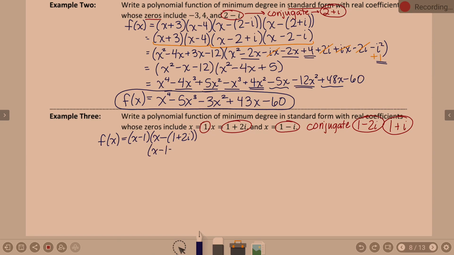If you distribute that, it's x minus 1 minus 2i. Okay. Let's do the conjugate. x minus, in parentheses, the conjugate 1 minus 2i, or that becomes x minus 1 plus 2i.